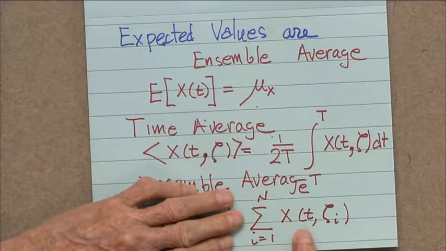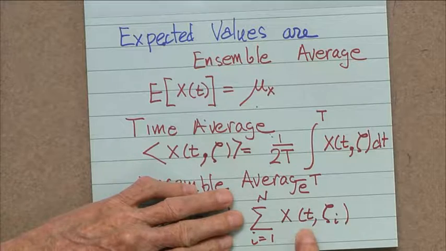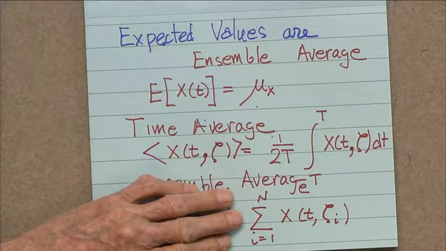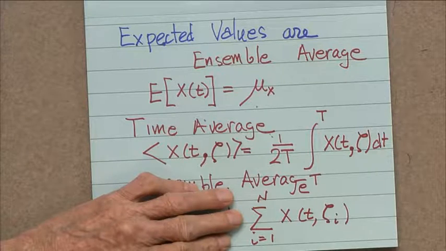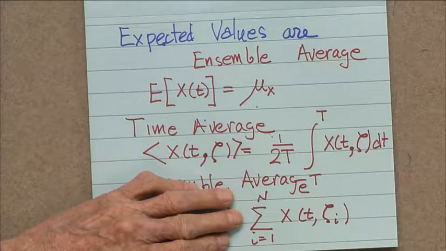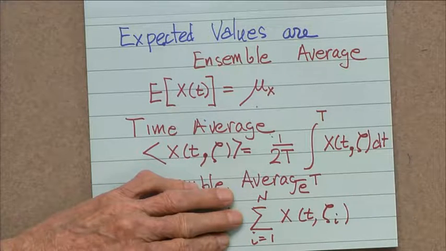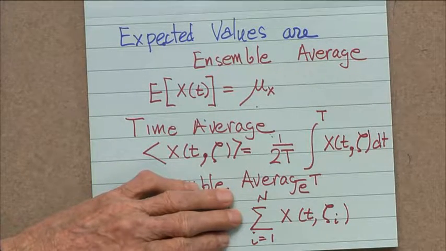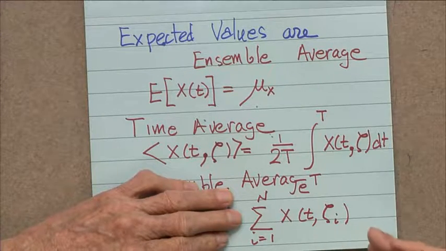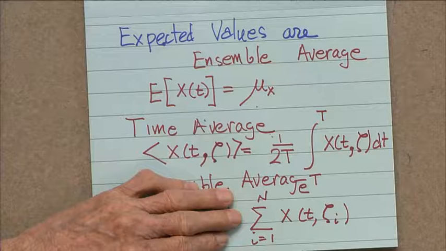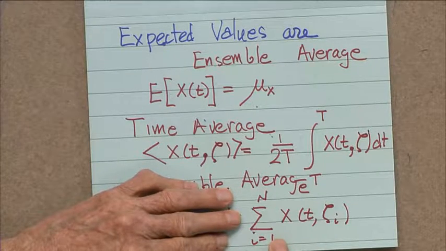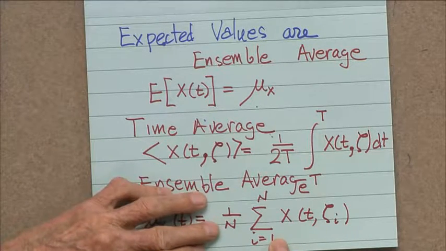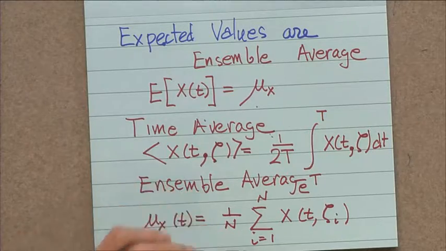It's an event counter. Every time an event occurs, if we define x of t equal to 1 for a success in the random variable zeta, and 0 for a failure, then this counts the number of successes. So divide by N.